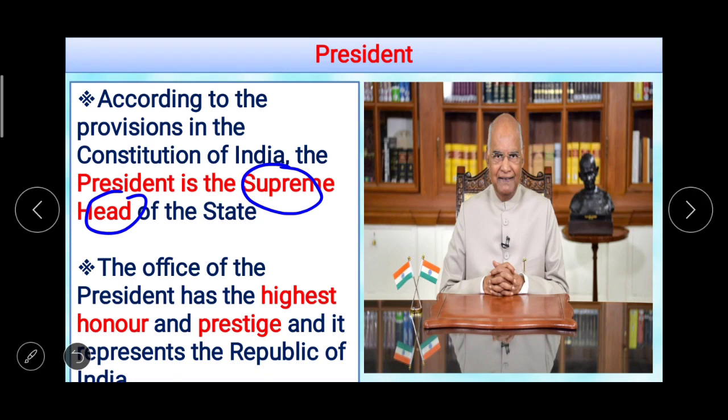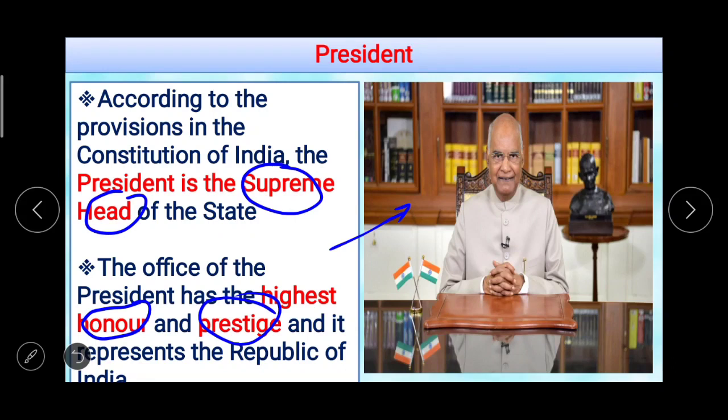The office of the President has the highest honor and prestige, and it represents the Republic of India. So President is the person who represents the Republic of India, and here is the picture of our current President. You people find it out and write it in your notebook.